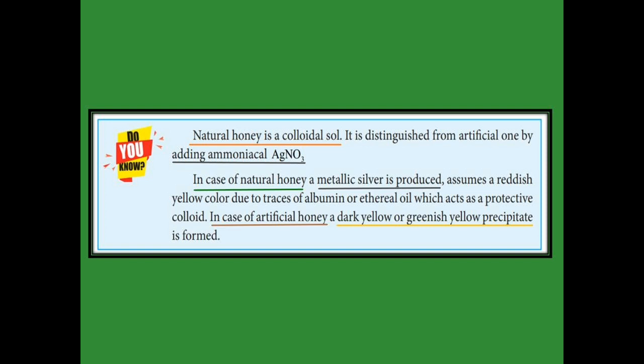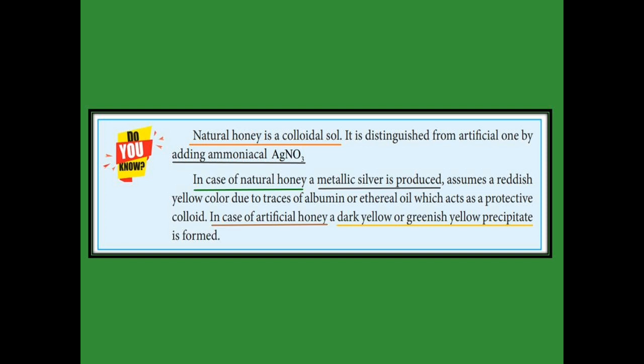Natural honey is a colloidal salt. How can we distinguish natural honey and artificial honey? Just by adding ammoniacal silver nitrate. While adding the ammoniacal silver nitrate, natural honey produces metallic silver, but it has a reddish yellow color. Why is it reddish yellow? Because natural honey contains traces of albumin or ethereal oil as a protective colloid.